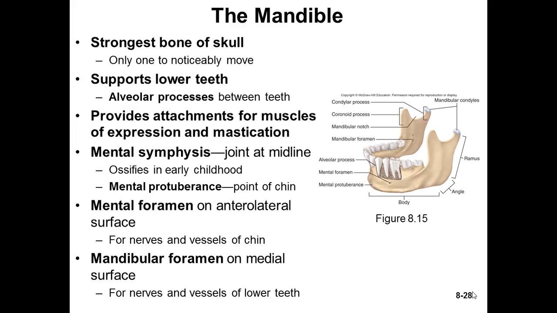You also have a mandibular foramen, which is the passageway for nerves and blood vessels. This is where dentists often inject lidocaine, in that particular foramen, to deaden the teeth prior to extracting a tooth.